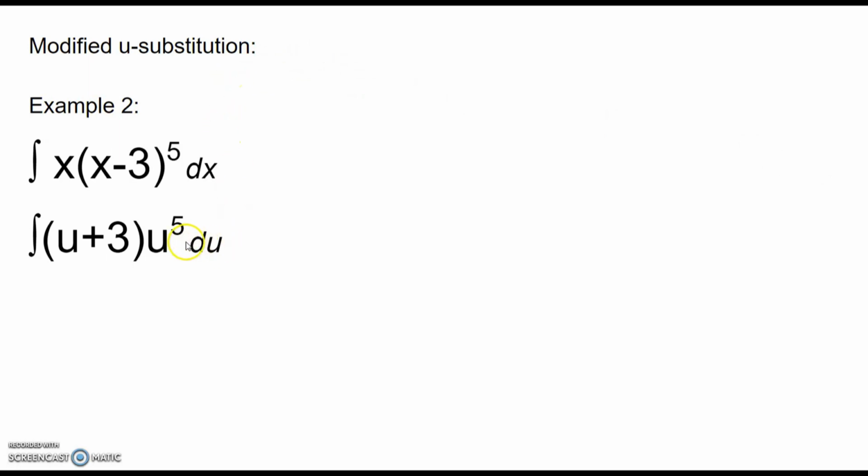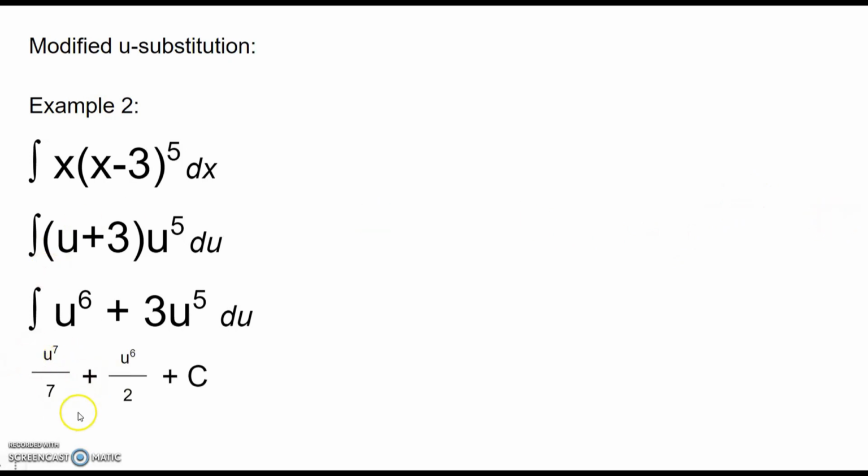Now after that, you want to distribute the u to the 5th power to both terms, u and the 3 inside the parentheses. So you would get the integral of u to the 6th power plus 3u to the 5th power times du. And now all you have to do is basic power rule. So you would have u to the 7th over 7 plus, and then this would turn into 3u to the 6th power over 6, which is just u to the 6th power over 2.